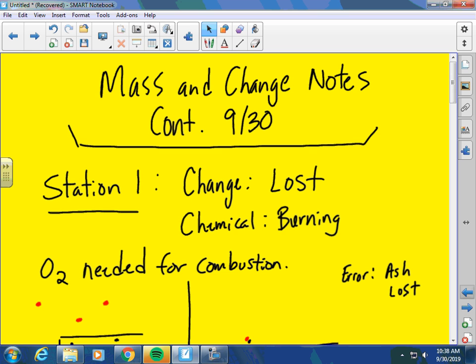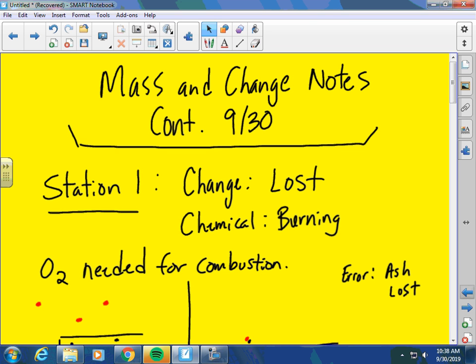So station 1, first of all, we are burning a wood splint. So anytime you're burning something, that's going to be a chemical change. And in terms of mass, what we noticed was that we lost mass. But here's something to consider.